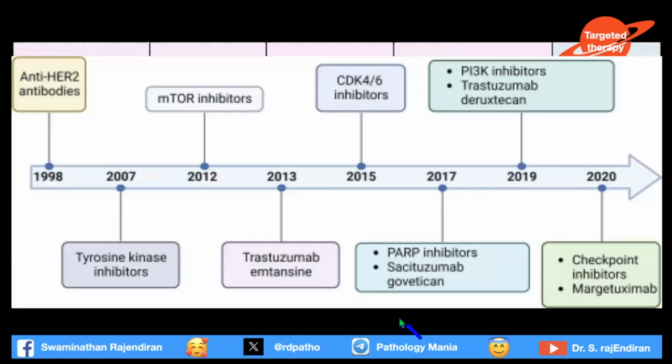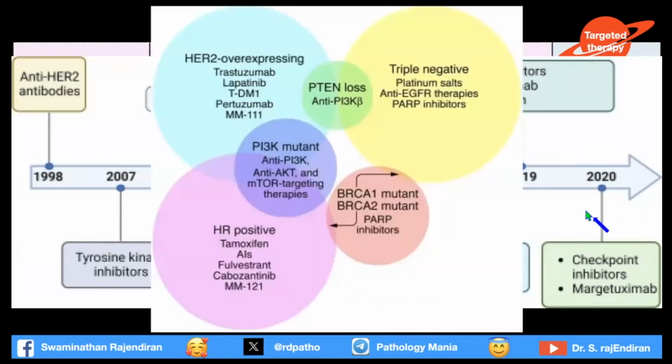And these are the milestones for the treatment of breast cancer by chemotherapy. If you see here, by 2020, we are getting immune checkpoint inhibitors as targeted therapy. And that's where the whole world is moving now. And this is what you will be seeing in future.